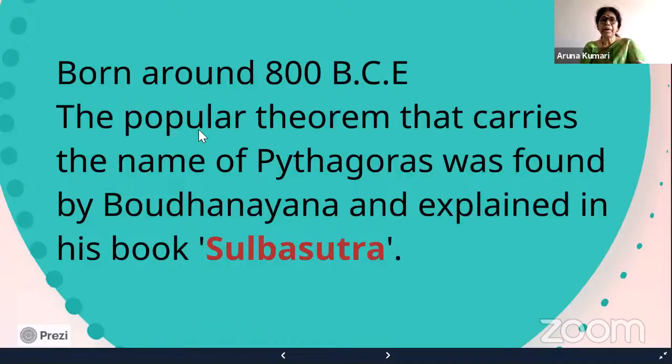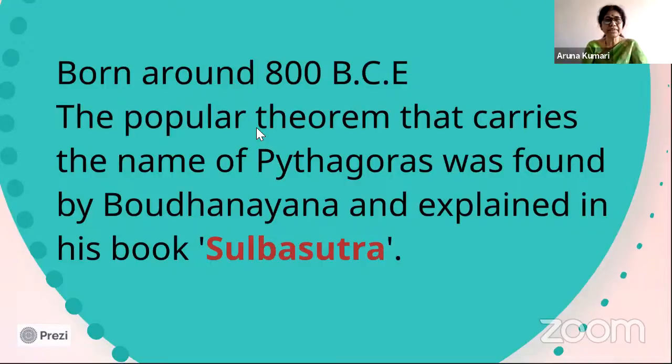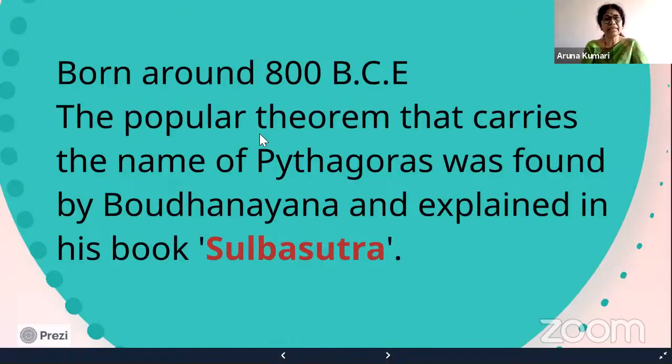See, the popular theorem that carries the name of Pythagoras was found by Baudhayana. Yes, you are studying 9th class, so you must have heard that theorem. The theorem is named after Pythagoras because it was explained by Pythagoras.